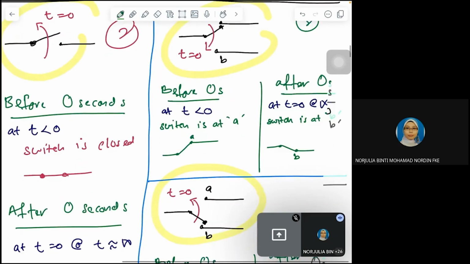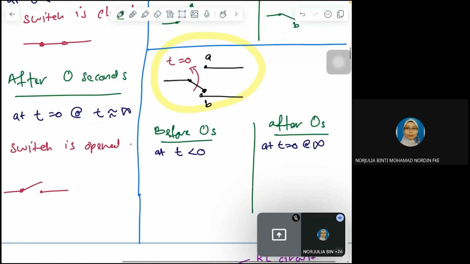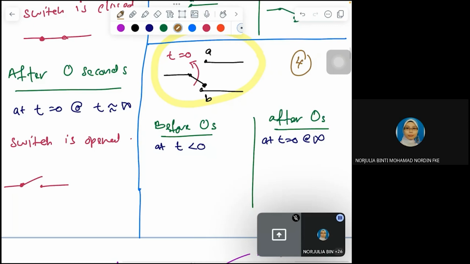And for the last switch configuration, the fourth switch configuration, before 0 or at t less than 0, your switch is at B. This is how the switch looks.